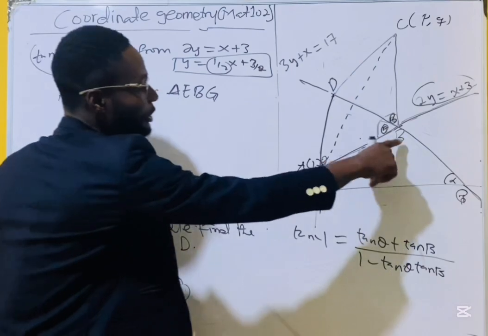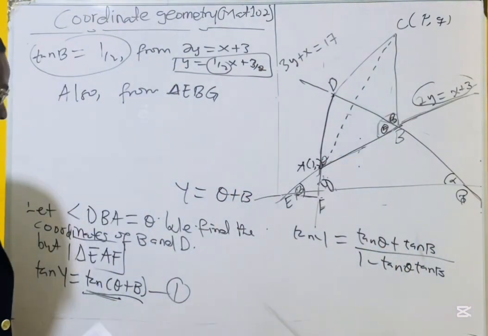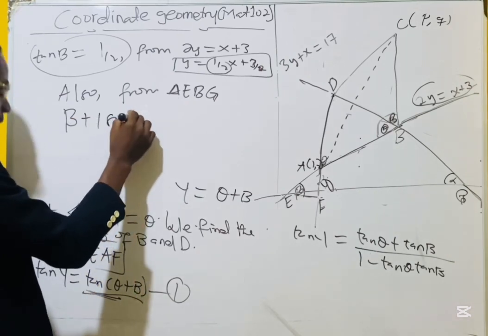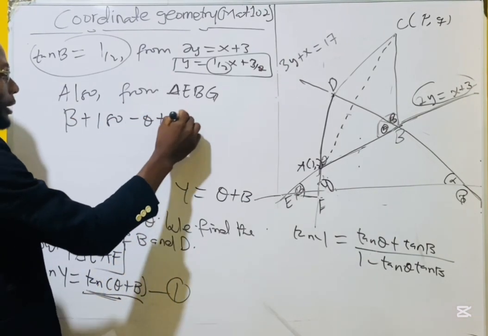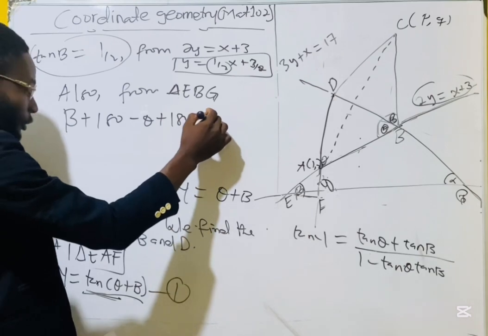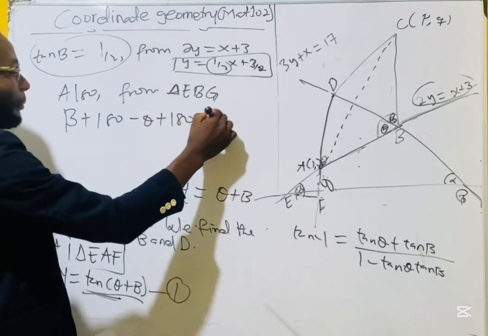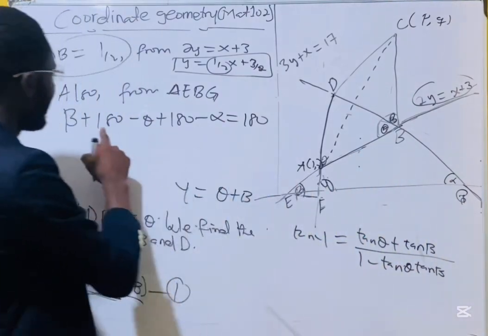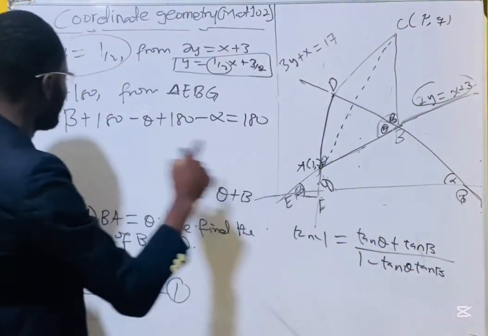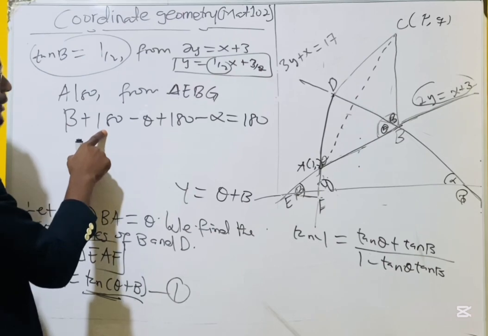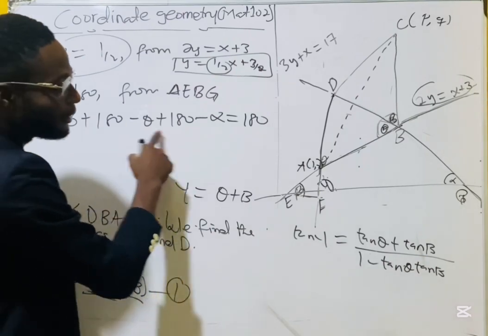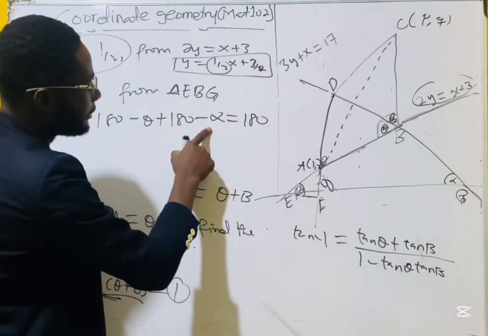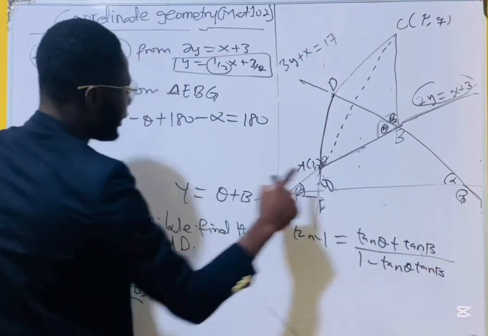From triangle EBJ, we can say that beta plus 180 minus theta plus 180 minus alpha should be equal to 180. That is from here. This is on a straight line, right? So beta plus 180 minus theta from here plus 180 minus alpha. So that is what we have.